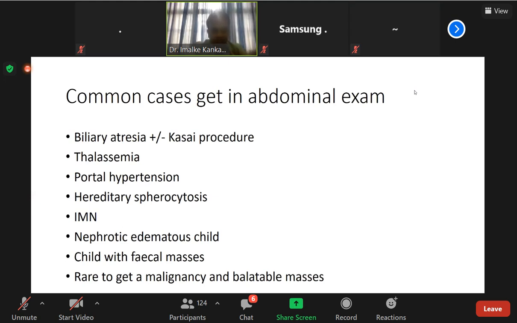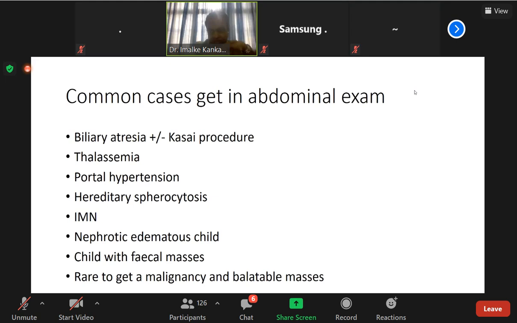IMN can come at any exam, even in medicine. And also children with nephrotic syndrome will have certain abdominal signs. So we will give that. Sometimes very thin children can have palpable fecal masses. So that is also something we can give.